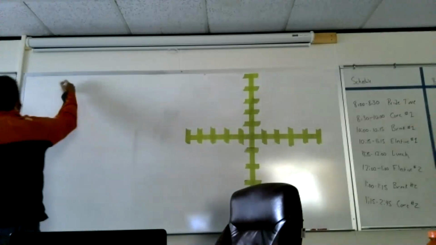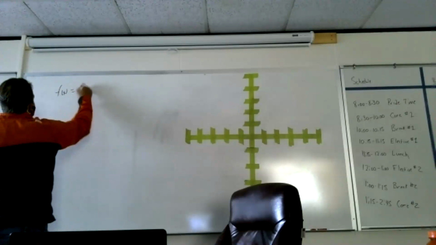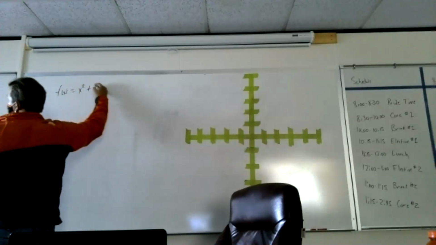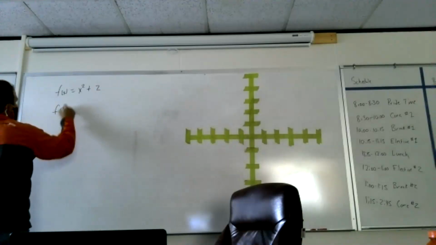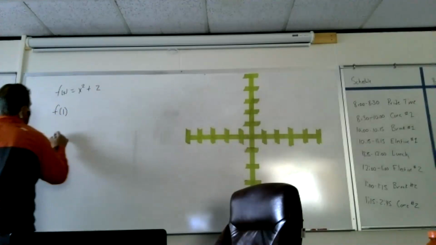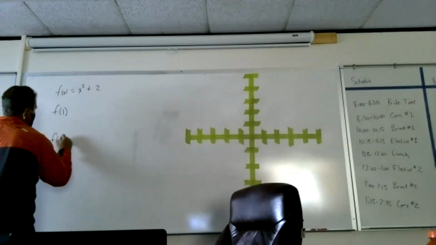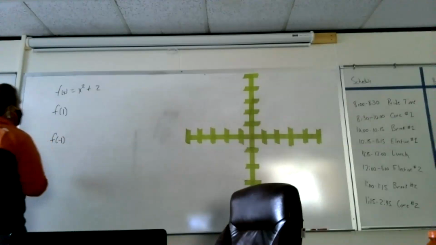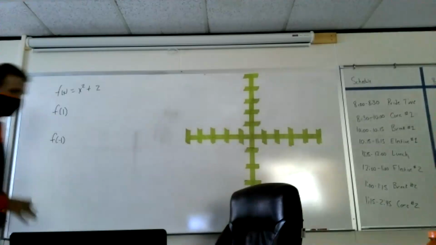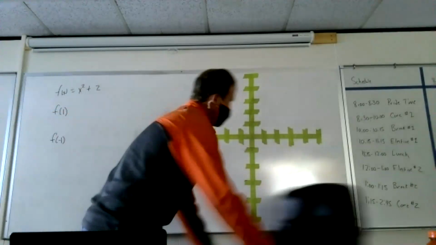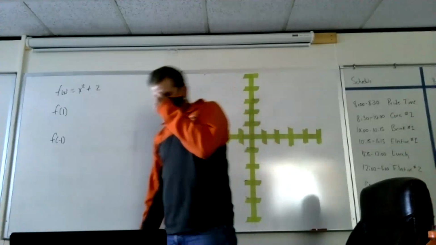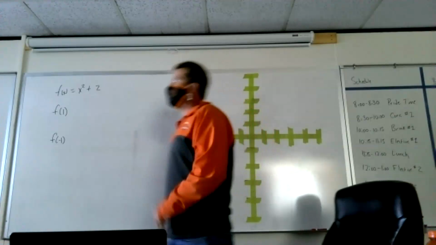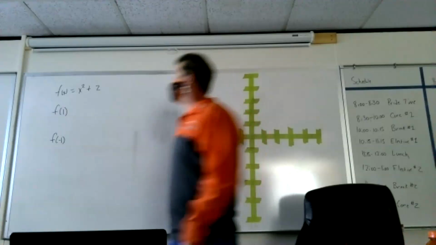So I have f of x equals x squared plus 2. I'm going to try to find f of 1, and then I'm also going to find f of negative 1. Those are going to be my first two, because if those match up, chances are I probably have y-axis symmetry. I might plug in another point just to be 100% sure.